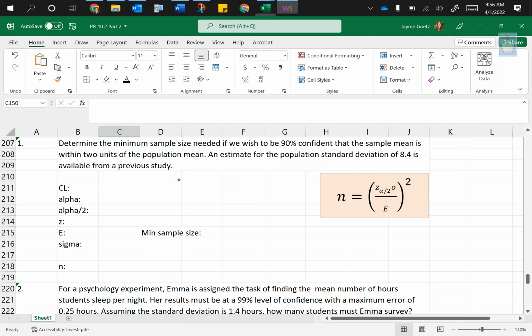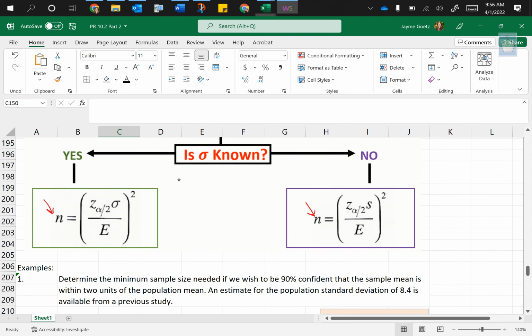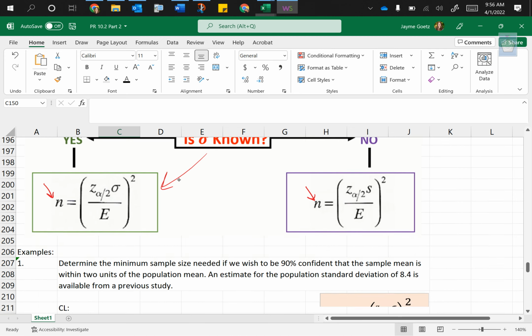So my first question to you, do we know our population standard deviation? Do we know sigma? Yes, it says an estimate for the population standard deviation is 8.4 from a previous study. That means in this formula, is sigma known? Yes, we're going to use the green box.